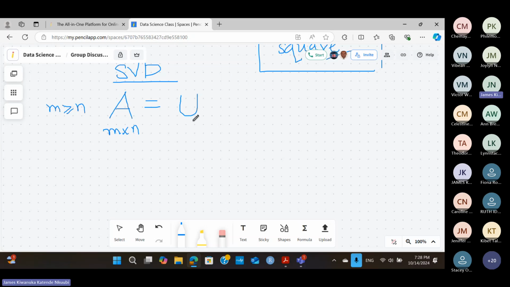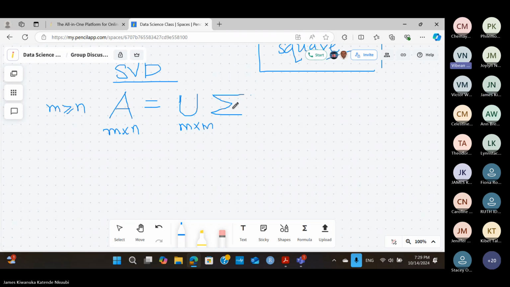The first matrix is called U, and this U is supposed to be M by M. The second matrix is usually represented by the symbol sigma. This will be a matrix which is mostly zeros, but with possibly some non-zero numbers across the leading diagonal.